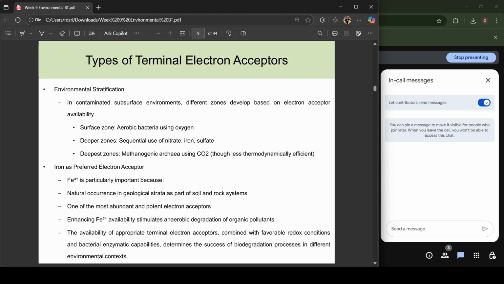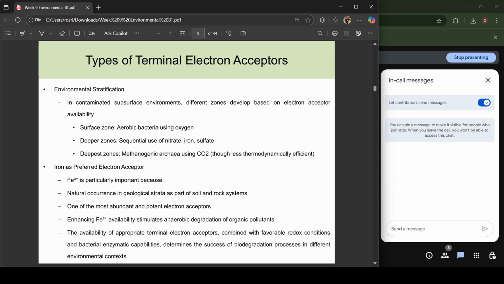Going to the deeper zones, we will have nitrate, iron, and sulfate, and we can find the reducing bacteria in those deeper zones. Further, if we move where even these components are not present, in the deepest zones we can find the methanogenic archaea.